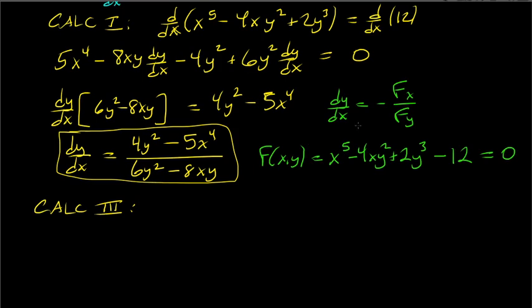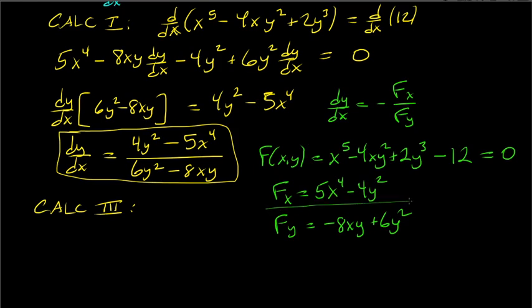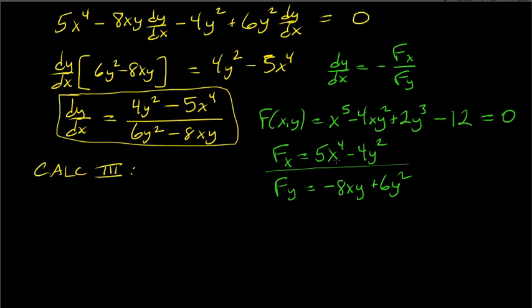So now just take both partial derivatives. Let's take the x partial. That's going to be 5x to the 4 minus 4y squared plus 0 minus 0. And then the y partial will be negative 8xy plus 6y squared. So now you just divide them, and then don't forget the minus sign.